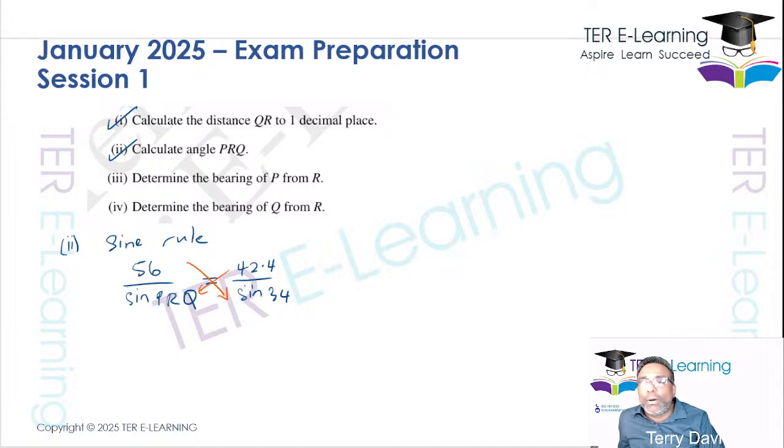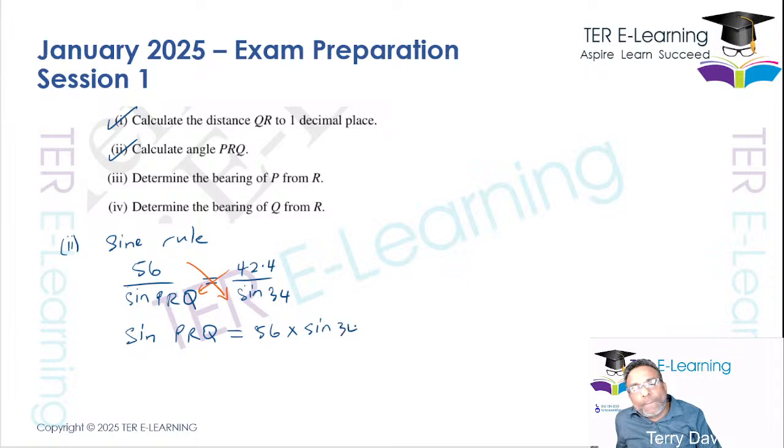So sine PRQ is simply going to be 56 multiplied by sine 34, all over 42.4.